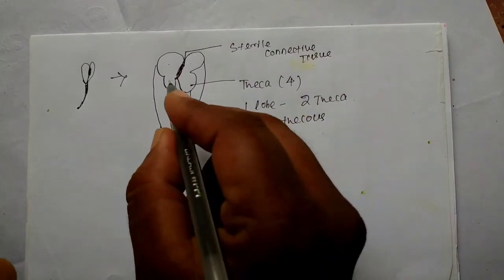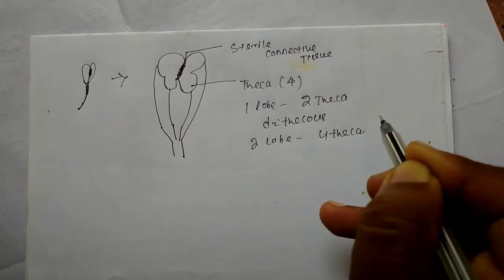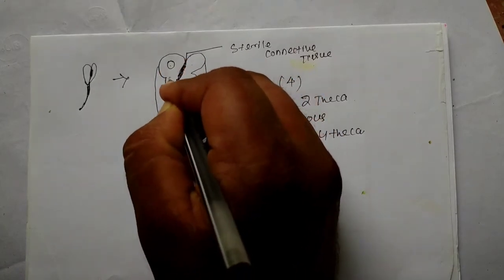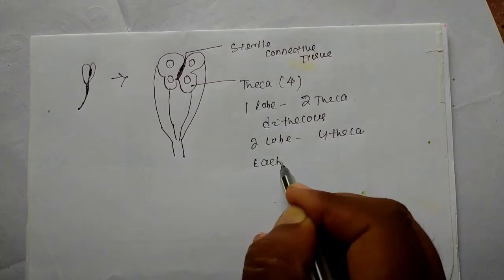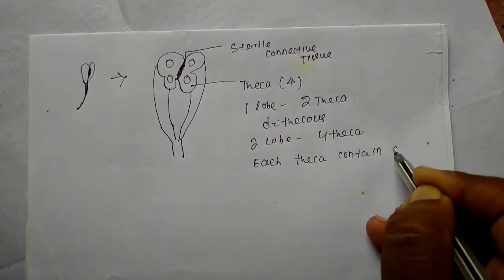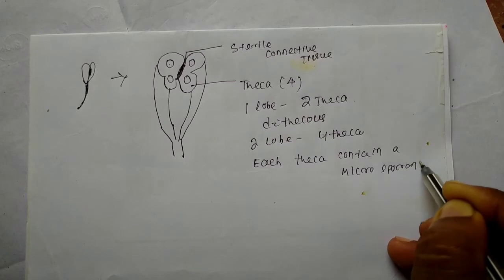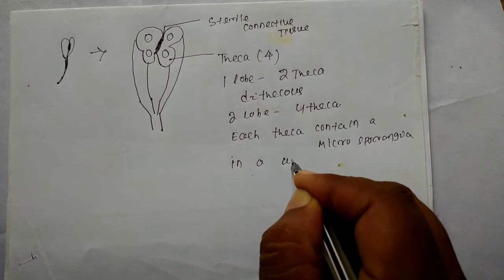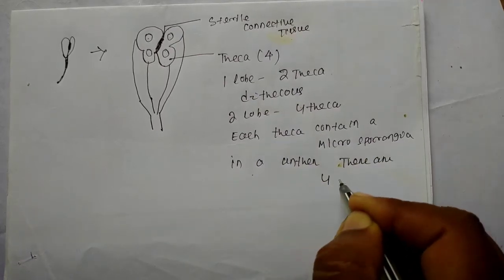The two lobes contain four theca, and each theca contains a microsporangium. So in an anther there are four microsporangia.